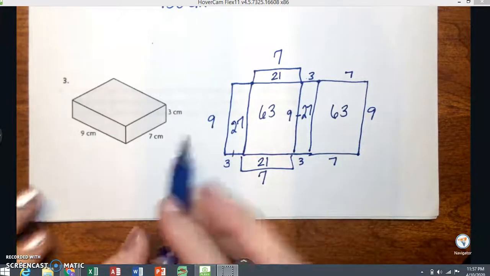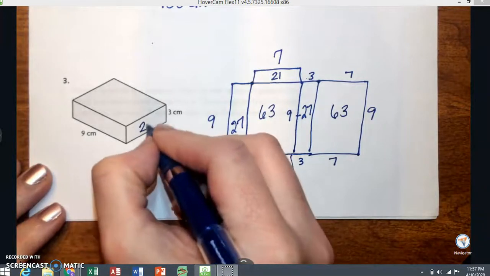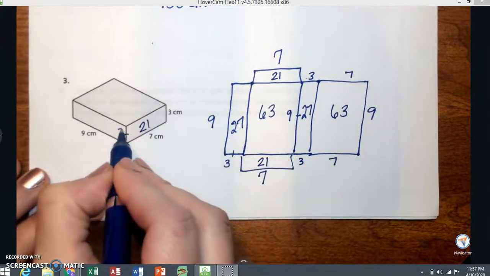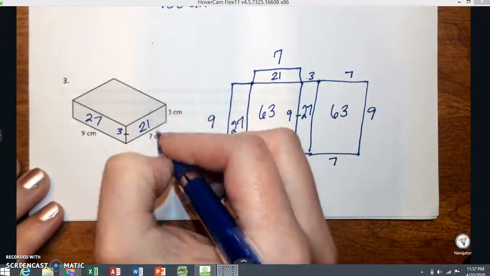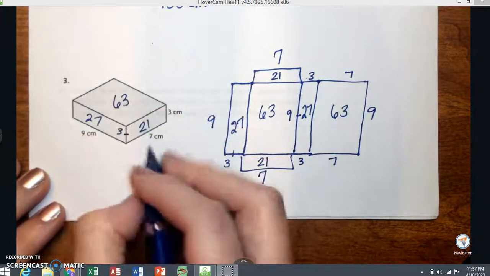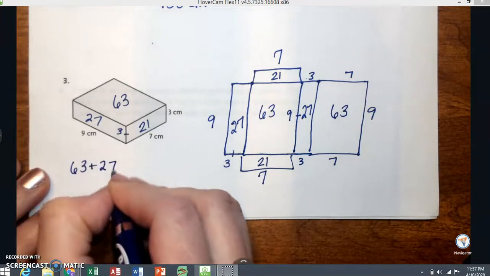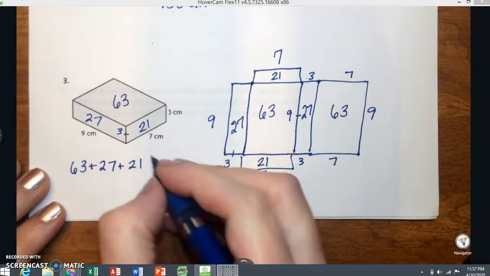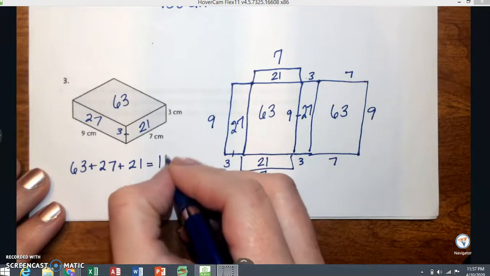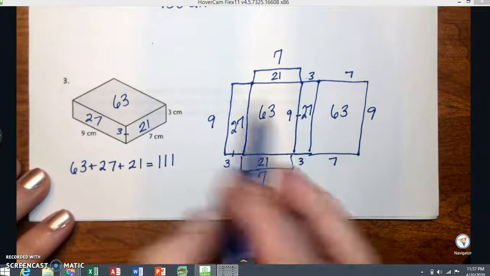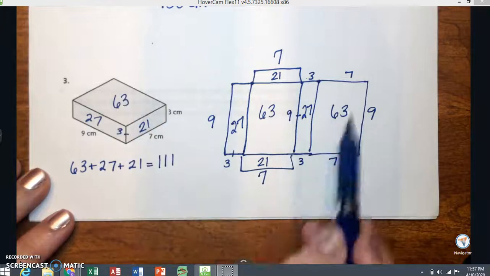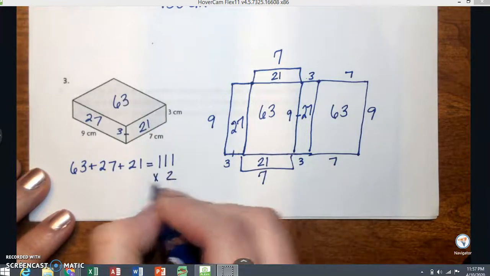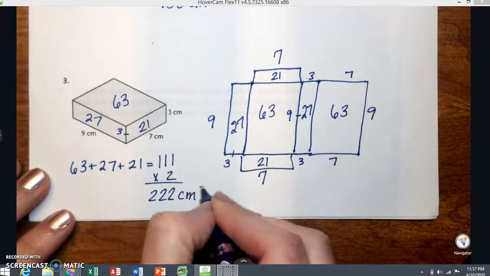So I'd be taking the 21, the 27, and the 63 and adding them together to get 111, and then to take care of the sides we can't see on the back of the 3D figure, we're going to double that to get 222 centimeters squared.